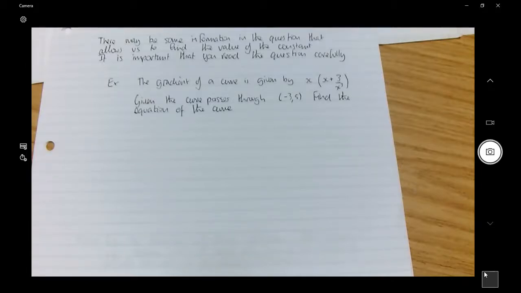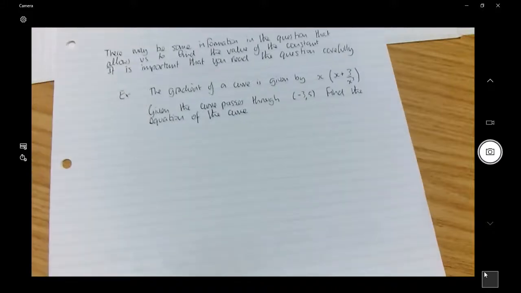The gradient of a curve is given by the function, and the curve passes through the point minus 3, 5. Find the equation of the curve. Well, the equation of the curve is y equals. Where do you start? Well, you start every question at exactly the same point.